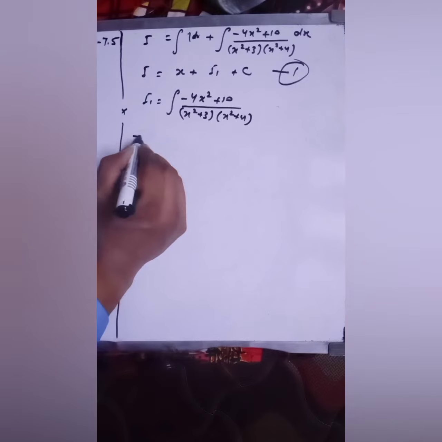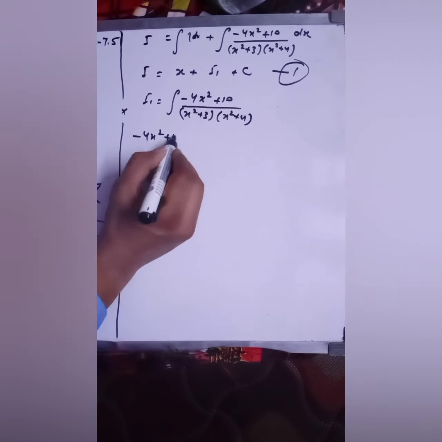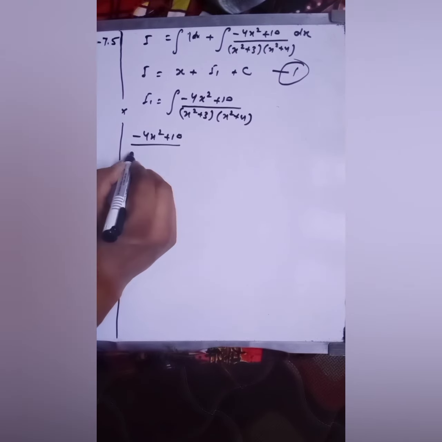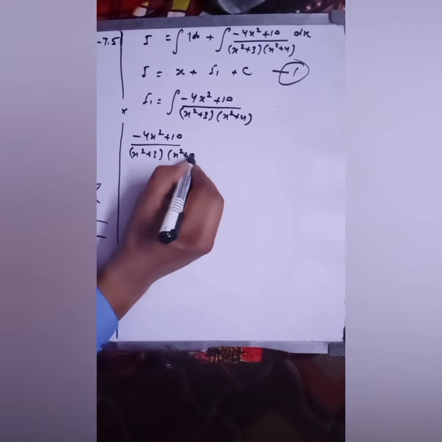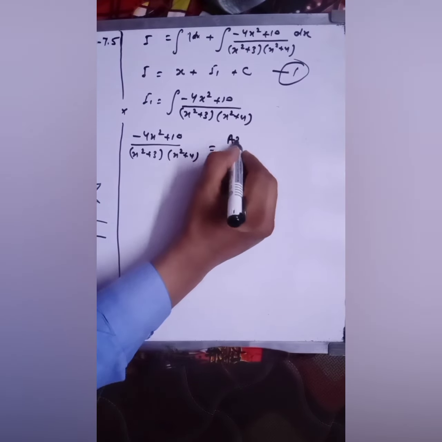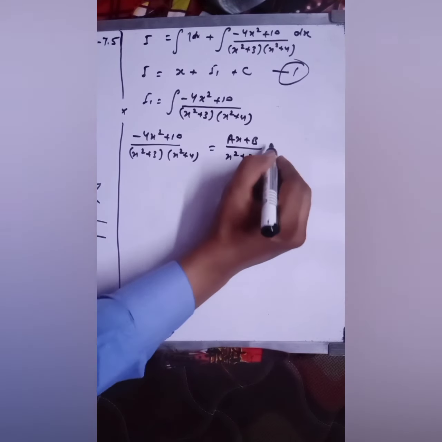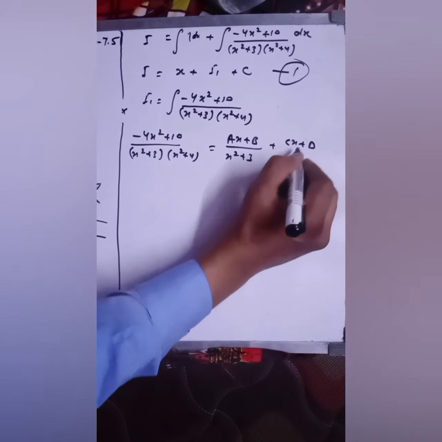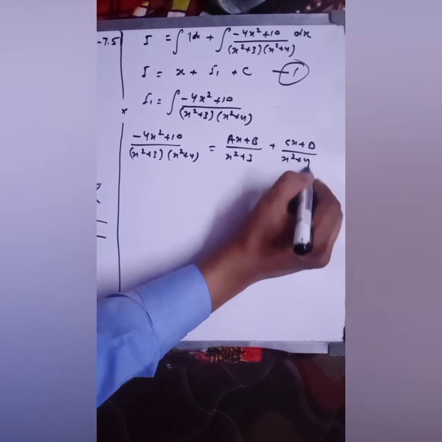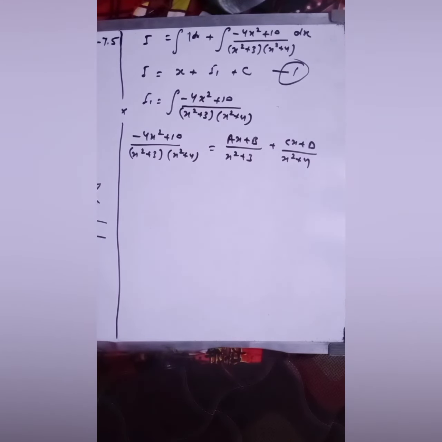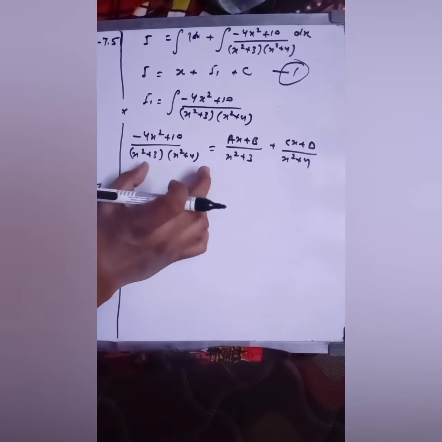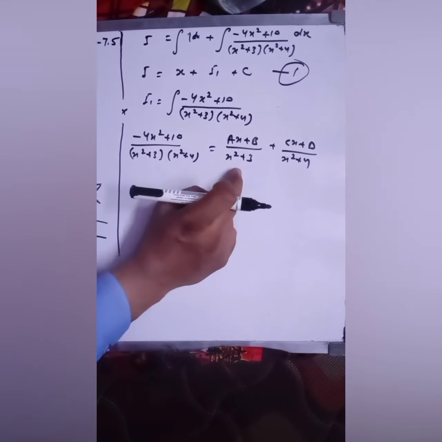Now this (minus 4x square plus 10) over (x square plus 3)(x square plus 4) is equal to (ax plus b) over (x square plus 3) plus (cx plus d) over (x square plus 4). Got it? Because both of them are quadratic expressions, so in quadratic form you have to write like this.